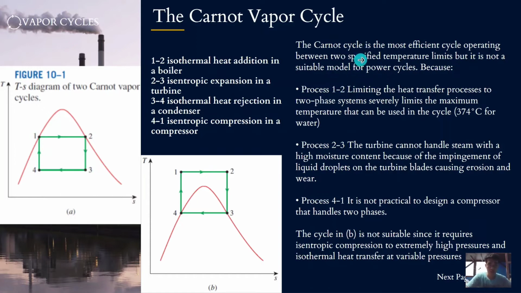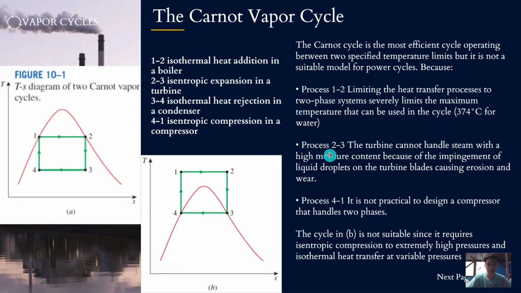So the Carnot cycle is the most efficient cycle, varying between two specified temperature limits, but it is not a suitable model for our cycle because process 1 to 2, the heat transfer process to two-phase systems, severely limits the maximum temperature that can be used in the cycle. 374 Celsius for water.